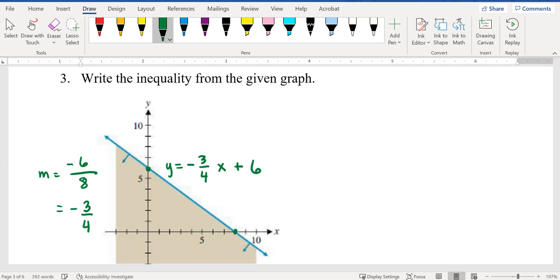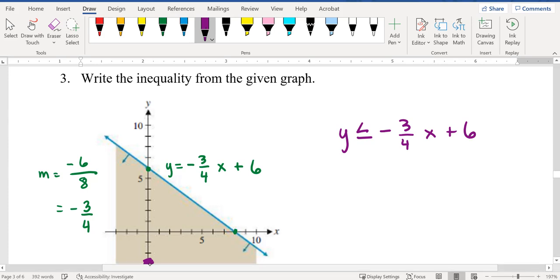Now for my inequality, here's another thing. If you're shading the bottom part of the y-axis and you have it in slope-intercept form, your inequality is going to be y less than or equal to negative 3/4 x plus 6. That's just another trick.